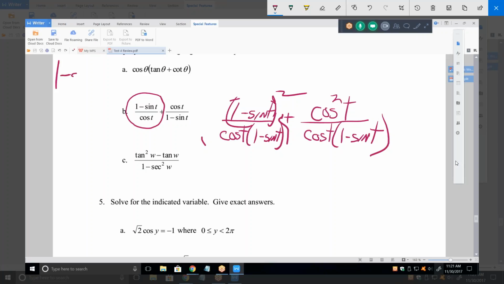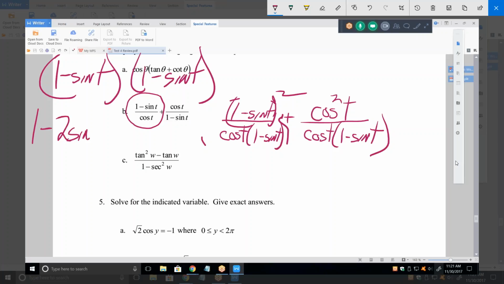One minus sine t times 1 minus sine t. What do you get when you do that? You don't get 1 minus sine squared of t. That is the most common mistake in algebra. It'd be 1 minus sine t, or 2 sine t, plus sine squared t.